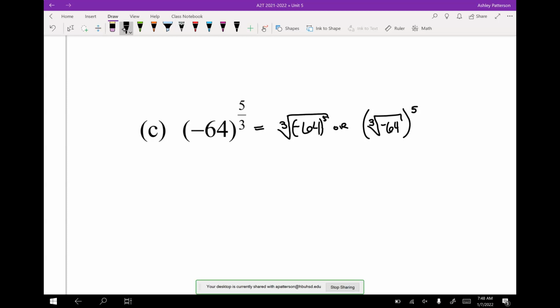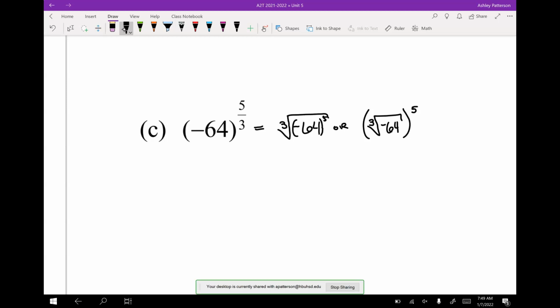Looking at these two options, what do we think would be easier? Do we want to raise negative 64 to the 5th power and then take the cube root of that? Or do we want to take the cube root of negative 64 and then raise that to the 5th power? What should we do first, the exponent or the radical?